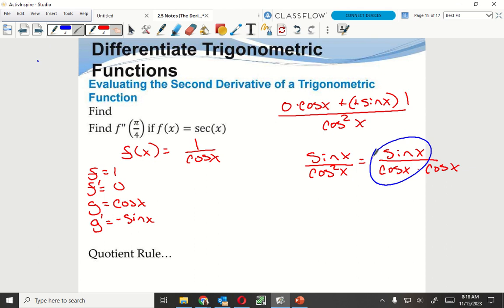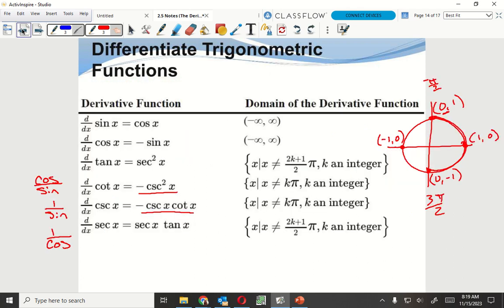Tangent, very good. So this becomes tangent. But now over here, what's left on top? 1. There's still a 1 right here, right? So this is still a times 1. So this is going to be 1 over cosine. 1 over cosine is? Secant. So it's tangent secant, or if you want to put it the other way, secant tangent. There it is.